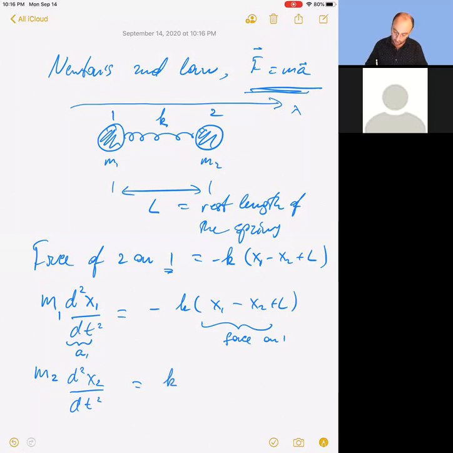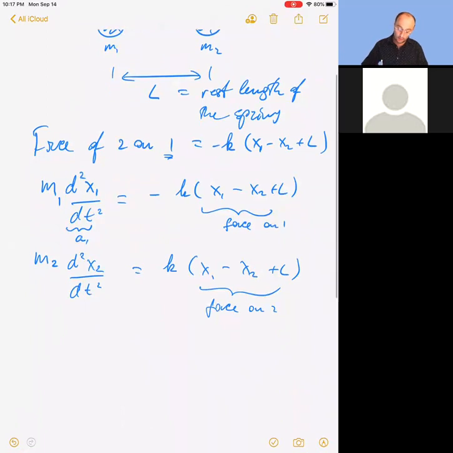Action equals reaction. So if force applied by 2 on object 1 is positive, then force applied by object 1 on object 2 will be automatically negative. So Newton's third law is sort of built into this force law.